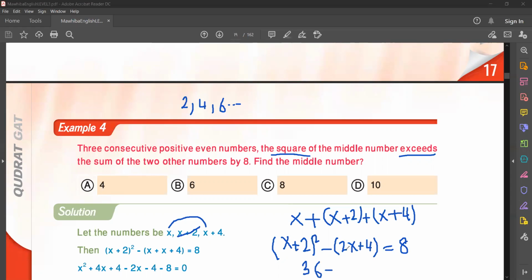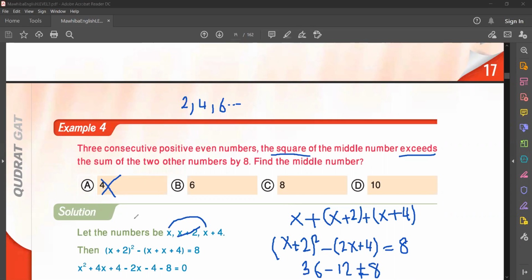Minus, okay, now try 2 times 4, it is 8. 8 plus 4 equals 12. When you subtract 36 minus 12, does it equal 8? I think no, it is not correct. It does not equal 8. So this answer is wrong, right?